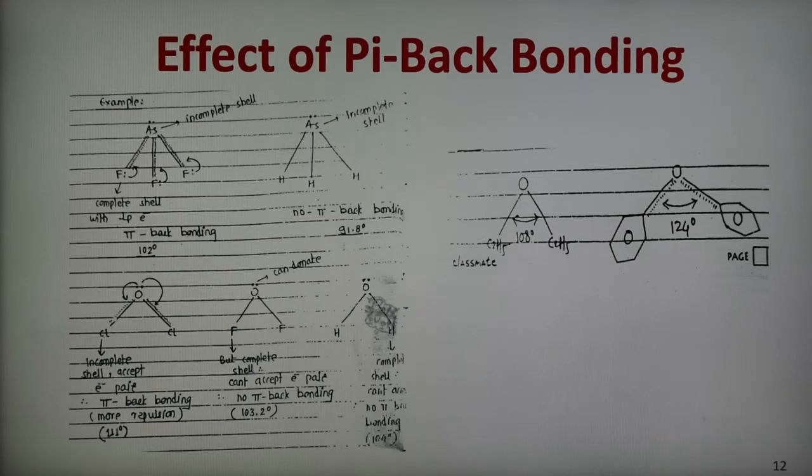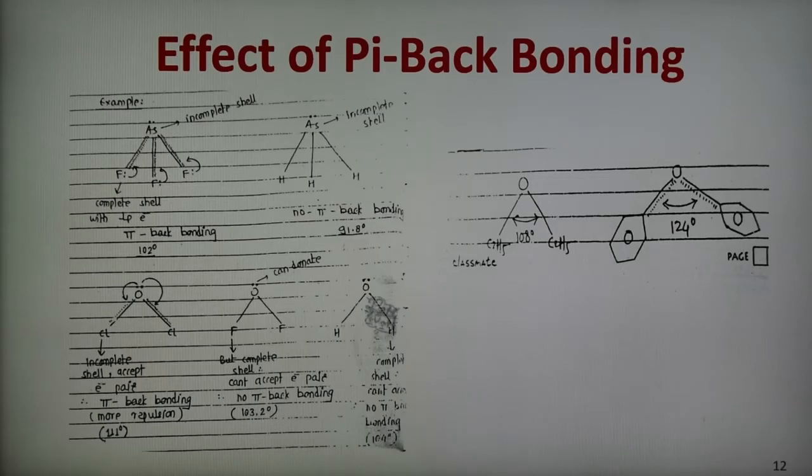This can be explained on the basis of electronegativity. In OF2, the bonded atoms are more electronegative, while in OH2, the central atom is more electronegative. For pi back bonding, one atom should have a filled shell with a lone pair of electrons so that it can donate an electron pair, for example nitrogen, oxygen, sulfur, fluorine.